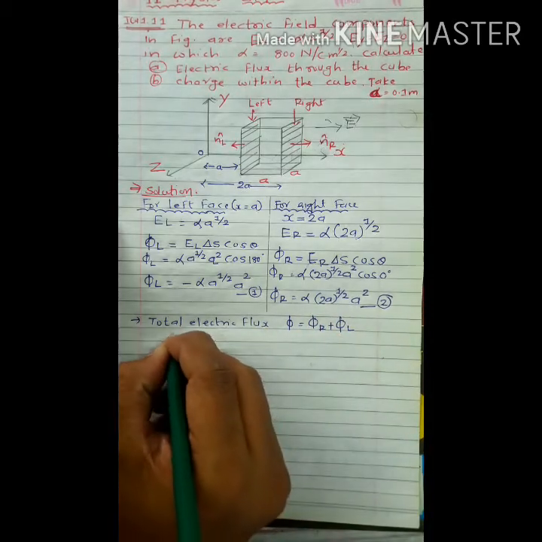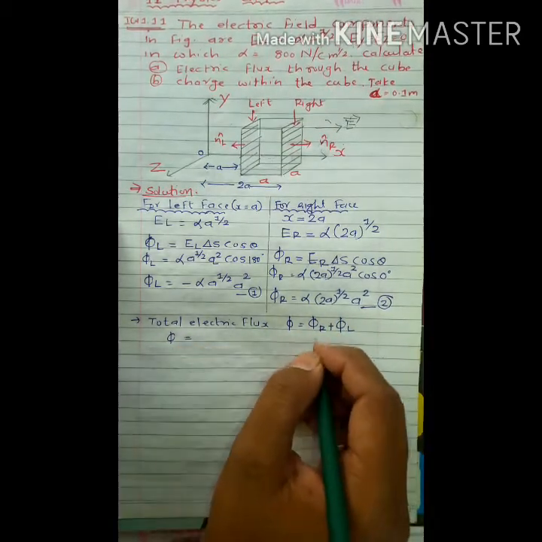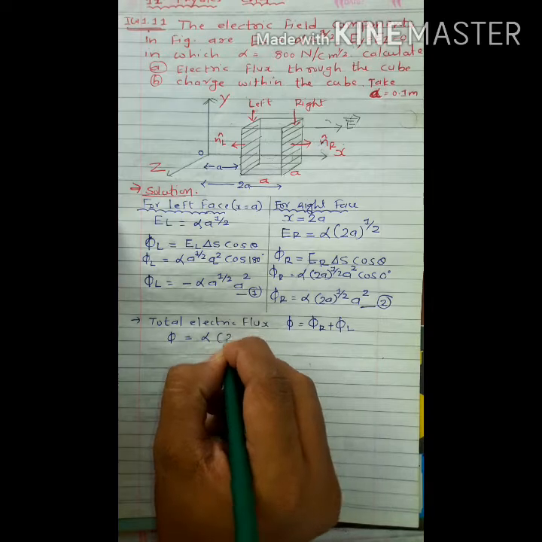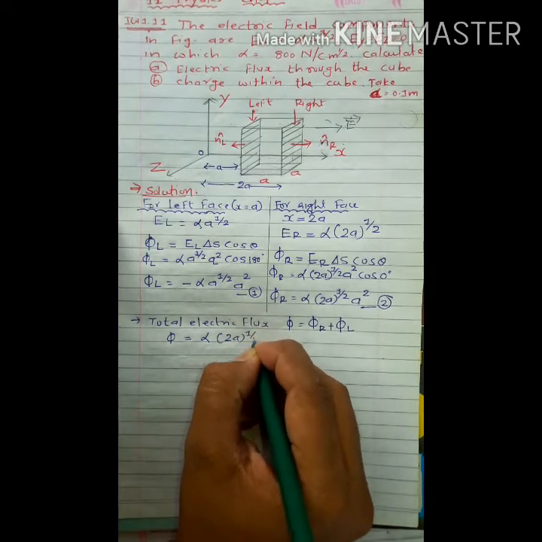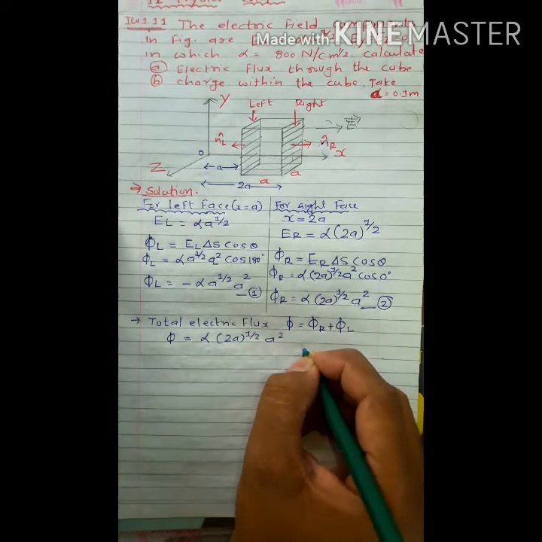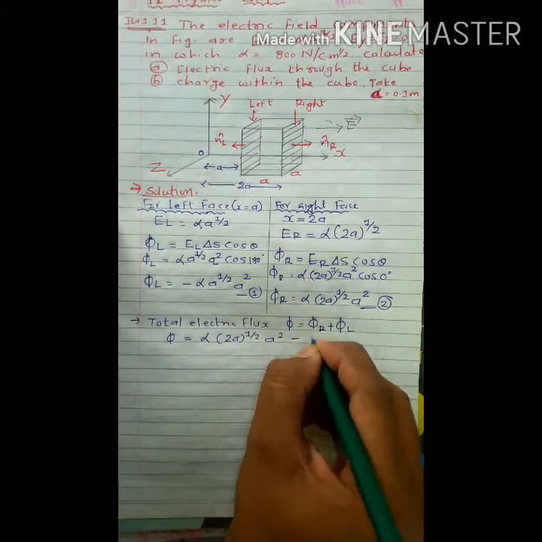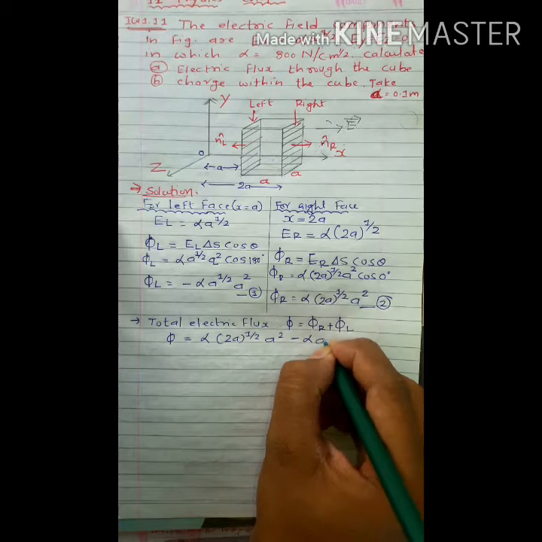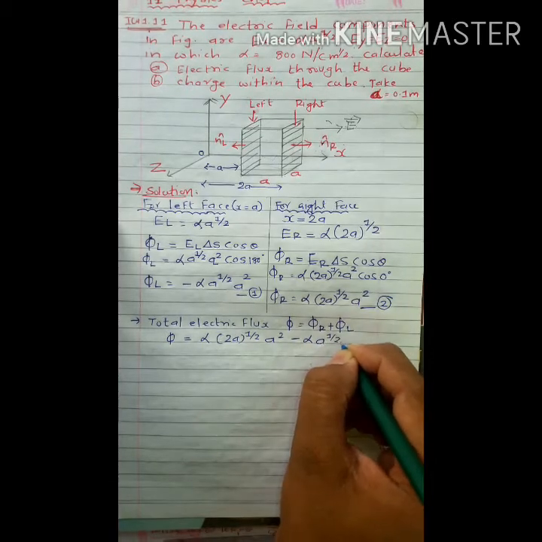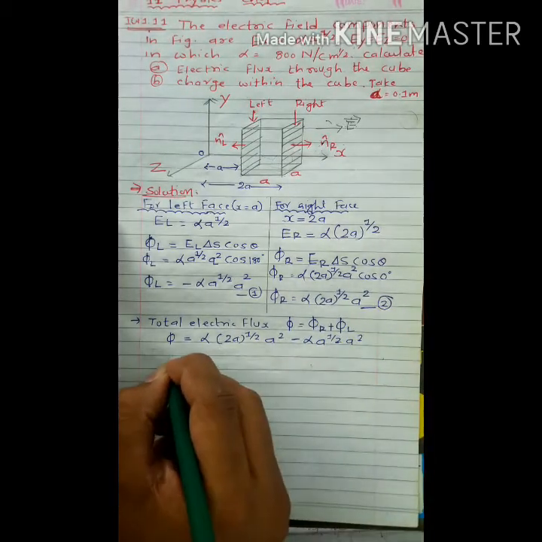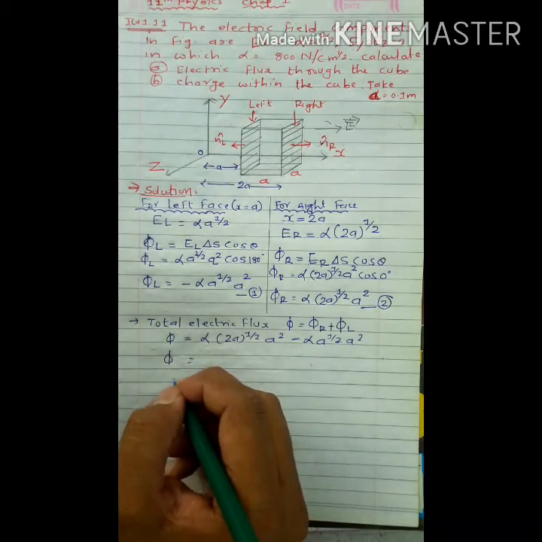Now use equations number 1 and 2. So phi is equal to phi_R, meaning alpha (2a) raised to 1 by 2 into a square, plus phi_L, but phi_L is negative, so minus alpha into a raised to 1 by 2 into a square.